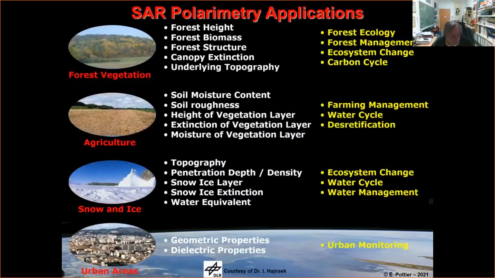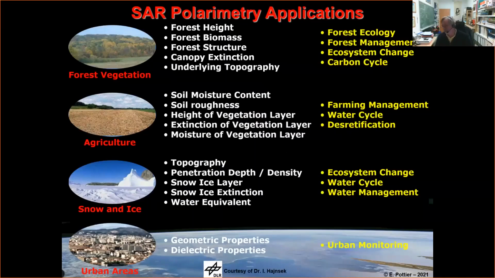And along the time, we have seen that polarimetry is becoming more and more important in all these applications. So I shall not go into the details. You have a list here. But on the main topics like forest and vegetation, like agriculture, like snow and ice, and now like urban areas, you have more and more applications using polarimetry. Because by definition, you are going to increase the dimension of your information.